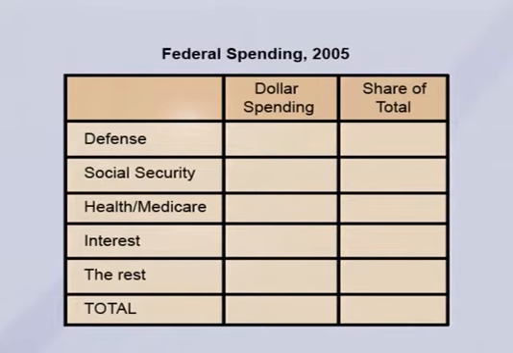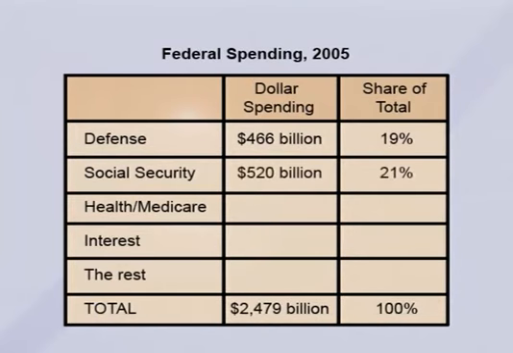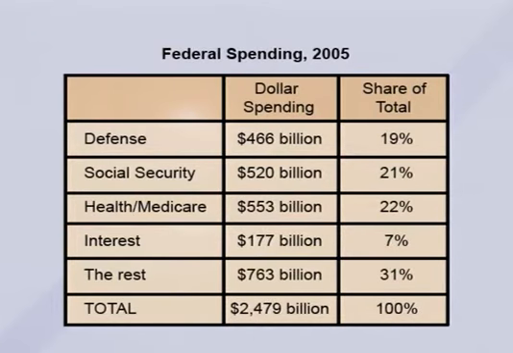To put a little flesh on those bones, let me give you a quick summary from the 2005 federal budget. The 2005 total federal spending was approximately $2.5 trillion. Of that total, 19% was defense spending, 21% was Social Security, 22% was health spending, including Medicare, and 7% was interest spending. And that leaves a remaining 31% for everything else in the budget.